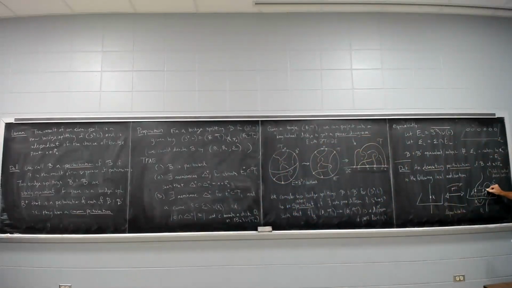What we see is that the curve C intersects the bridge disk delta 1 in precisely a point. So what we're looking for is a compressing disk on one side that intersects a bridge disk on the other side. All right, so there's nothing fancy going on in that proposition.